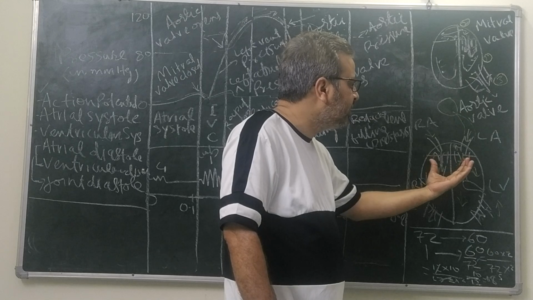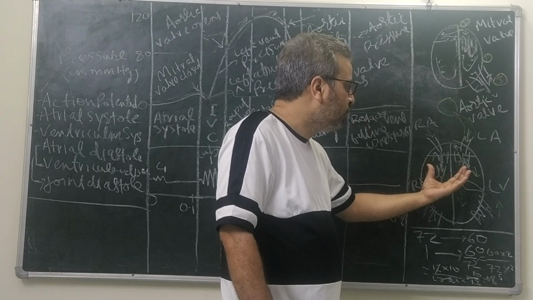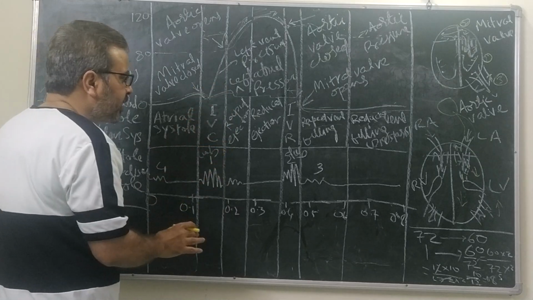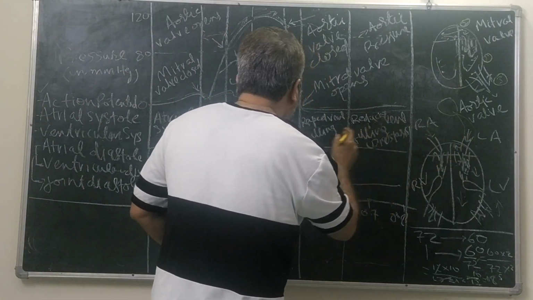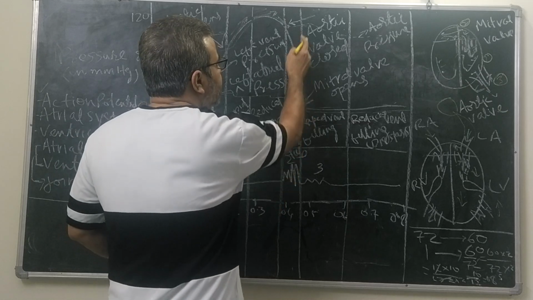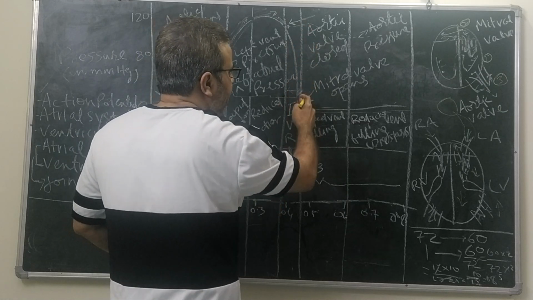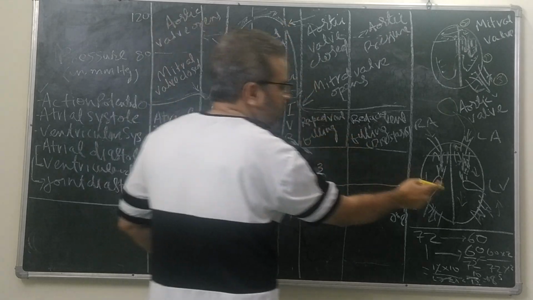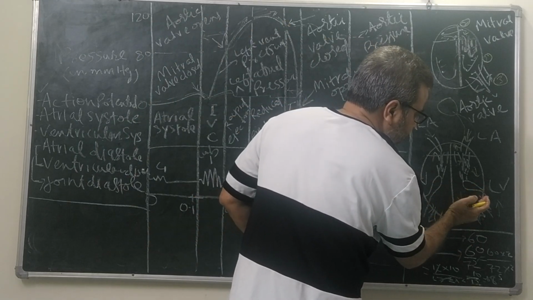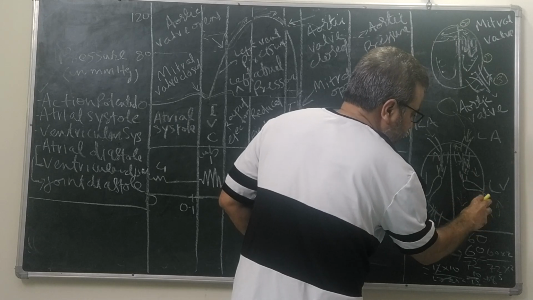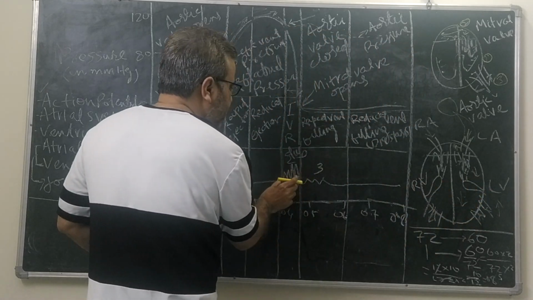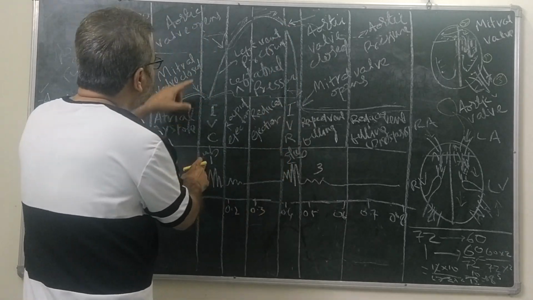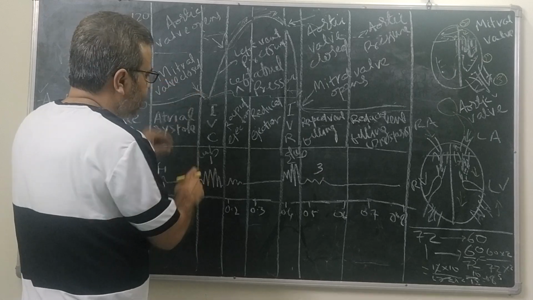When these two atrioventricular valves are closed, this lub sound is heard. But when the aortic valve is closed, this closure causes the dub sound. So this is the dub sound starting with the aortic valve closure, and this is the lub sound starting with the mitral valve closure.